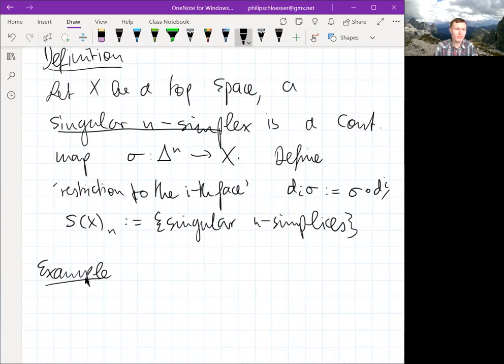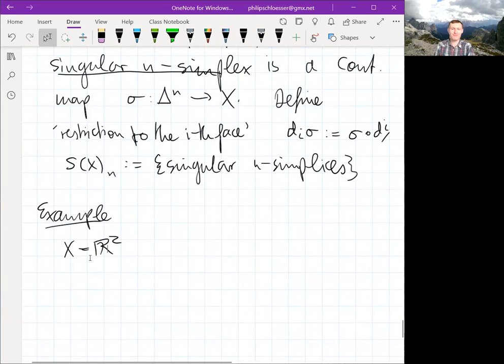So we can now look at an example, namely the space that is the easiest to draw, R2. Things can be as singular as we want them to be, but also as curvy as we want them to be.